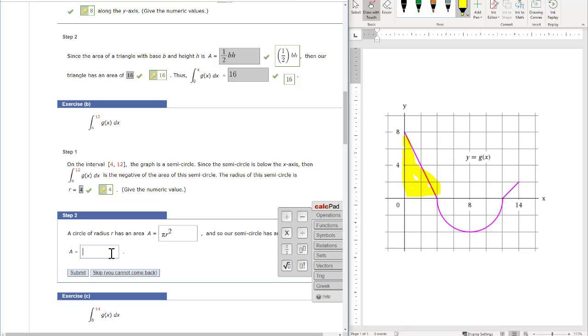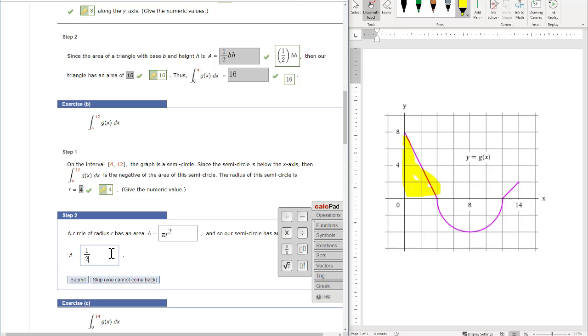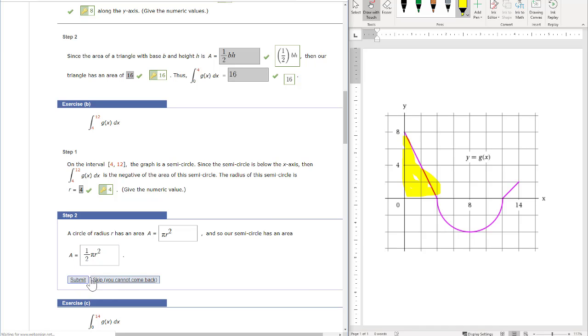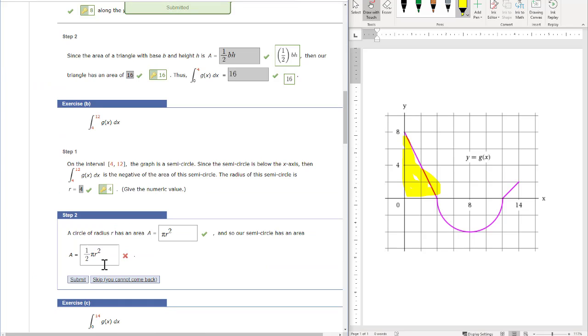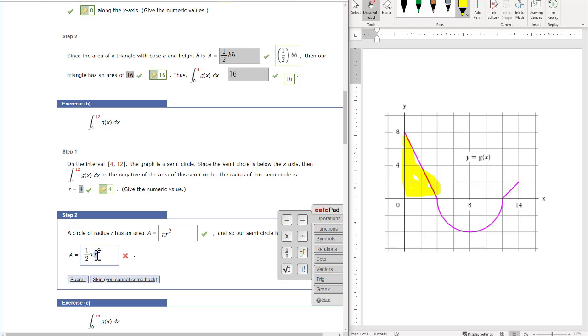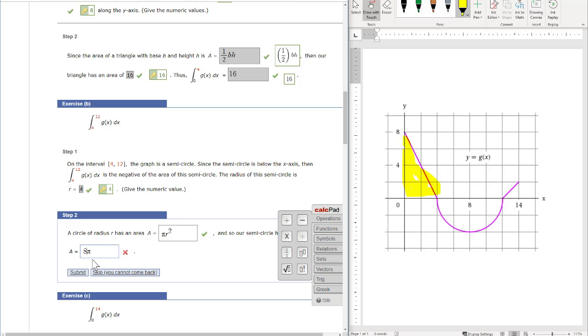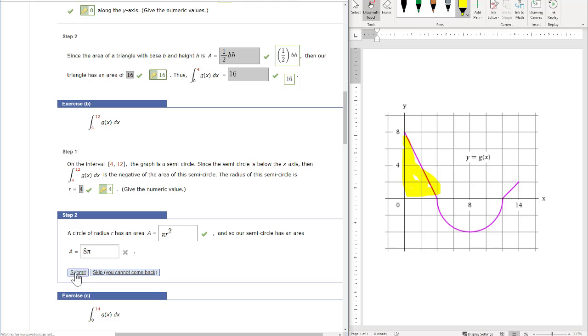And so we'll just say 1/2 times pi r squared. Our particular semicircle has a radius of 4, so let's put 4 here. So this is 16. 16 divided by 2 is 8. So let's just say 8 pi.